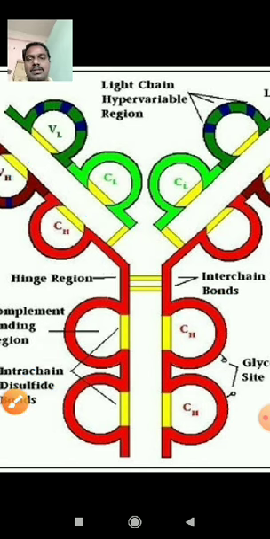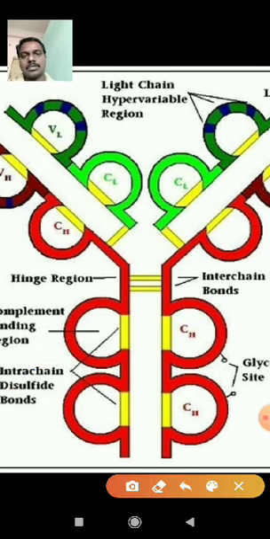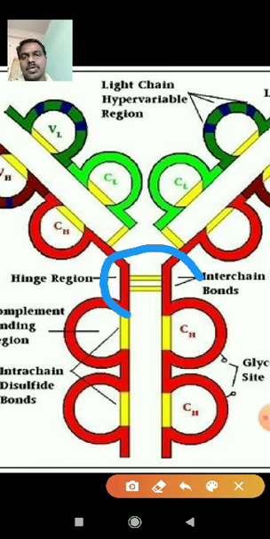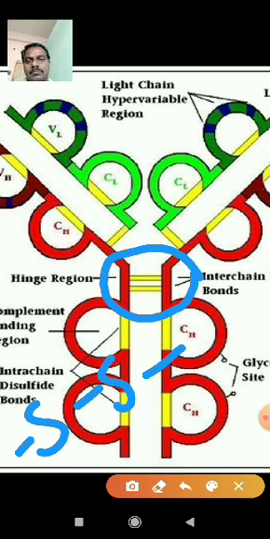Mainly the light chain is bound with disulfide bonds to the heavy chain. And you observe that the two heavy chains are bound with disulfide bonds, which we call interchain bonds.